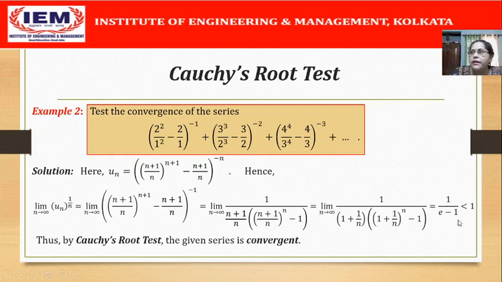We remember the value of e: of course, e is greater than 2, so e minus 1 is greater than 1, and then 1 by (e minus 1) is less than 1. Therefore, once again, we conclude that the given series is convergent.